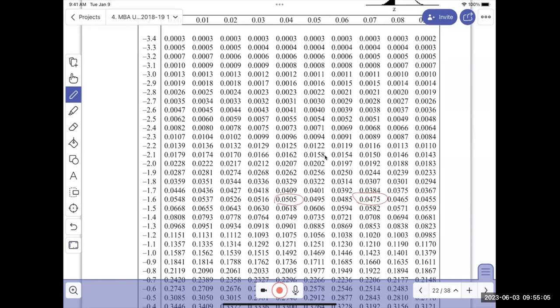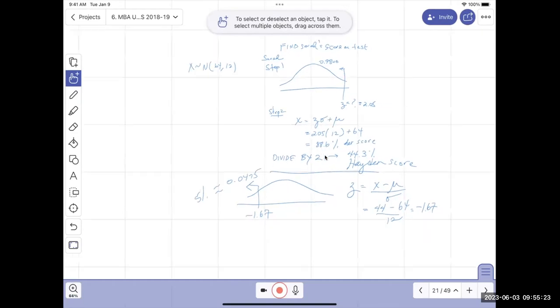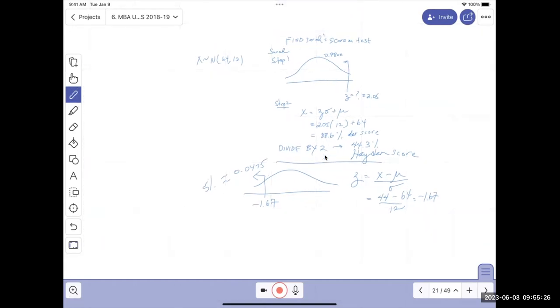Okay, so where was I? I'm going to finish this. When you look it up, this is 0.0475, which rounds to 5%. If you used the number 44.3 like I had over there, you would have gotten negative 1.64, and that also would have given you 5%.